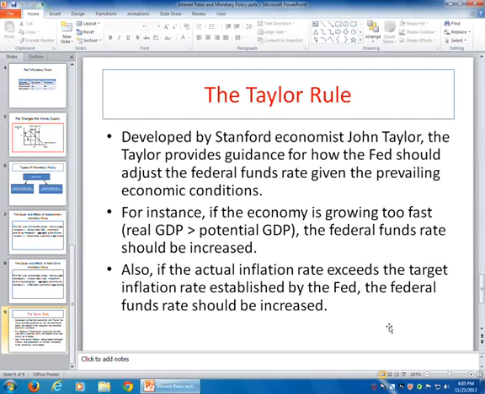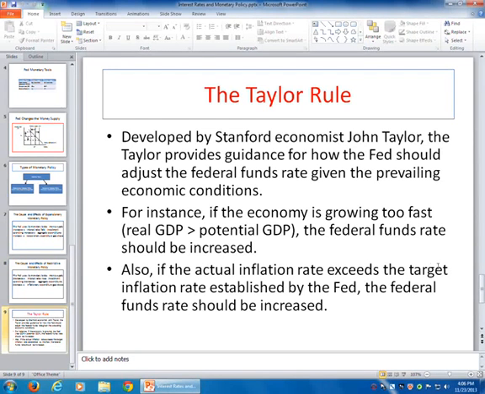Now, of course, it works in reverse. If the economy isn't growing fast enough, or if inflation is below the target level, then you would want to lower the federal funds rate so as to stimulate economic activity, spending. And so the Taylor Rule gives guidelines for how much to lower the federal funds rate when the economy is growing too slowly and when inflation is below the targeted level.